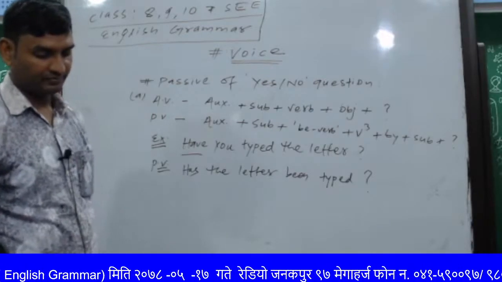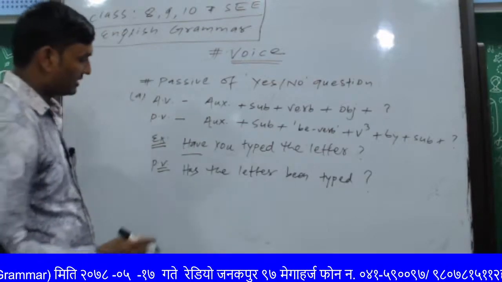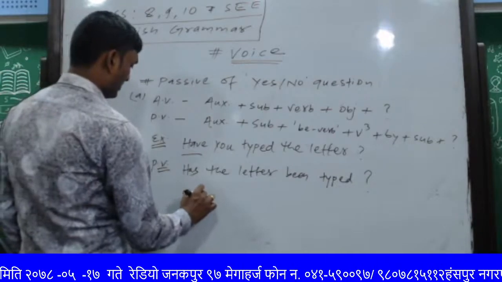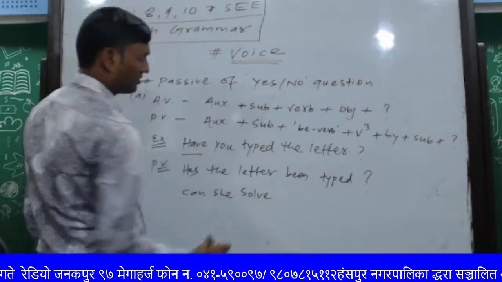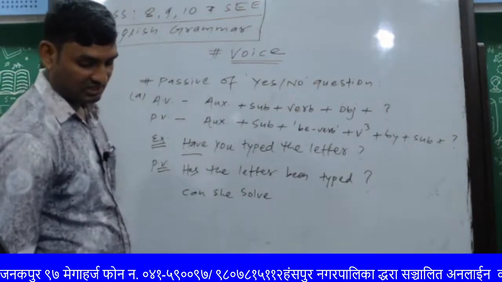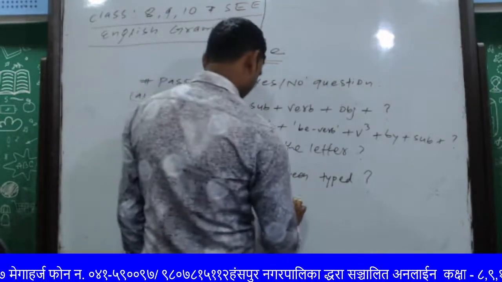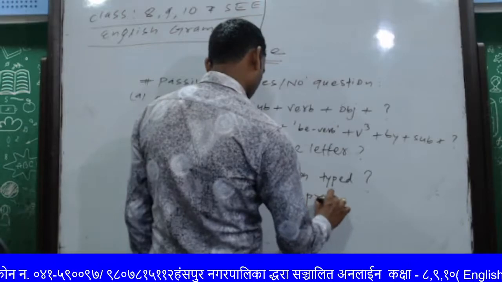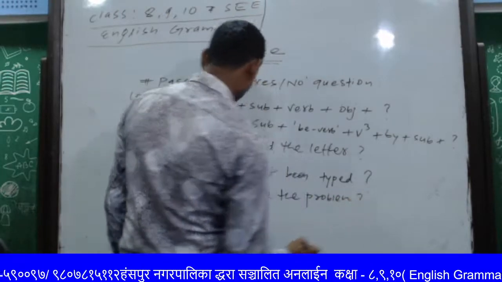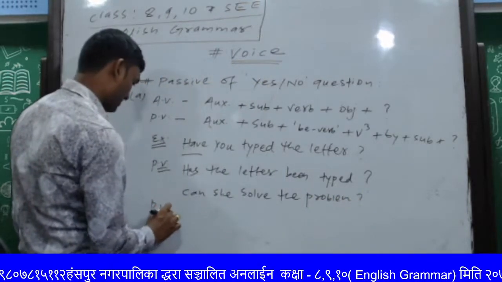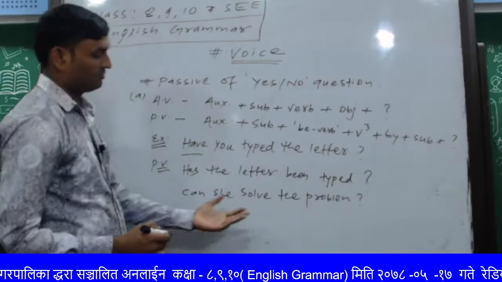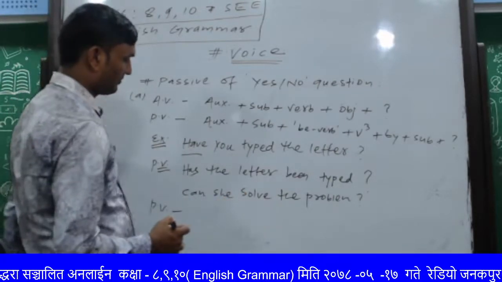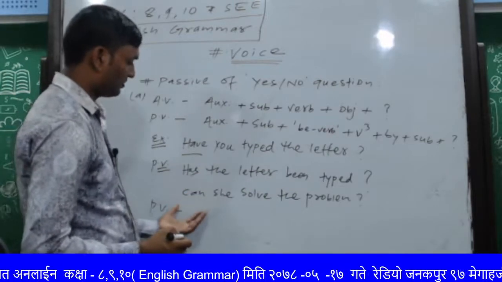Another example: can she solve the problem? The passive, PV means passive. Passive of this sentence is: the object is here the problem, and can. It means auxiliary verb.